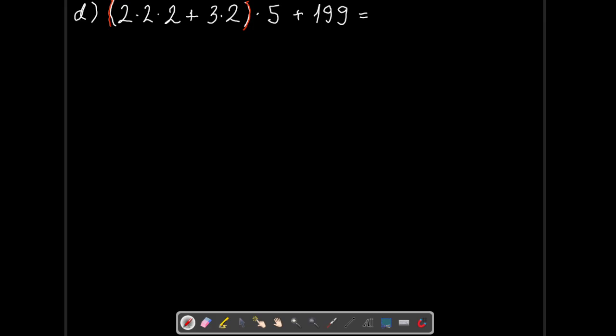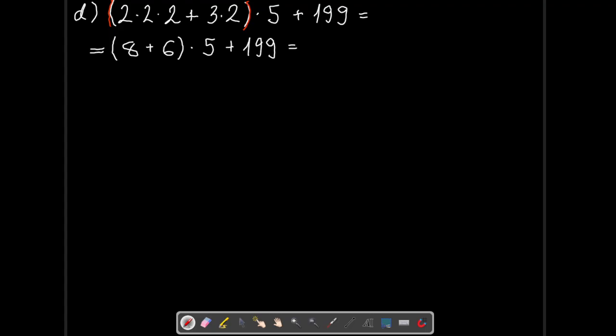So we need to do the multiplication first. We know that 2 times 2 is 4, and 4 times 2 is 8, and 3 times 2 is 6. We just copy the rest.